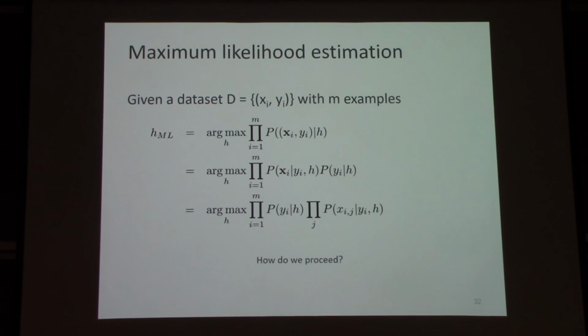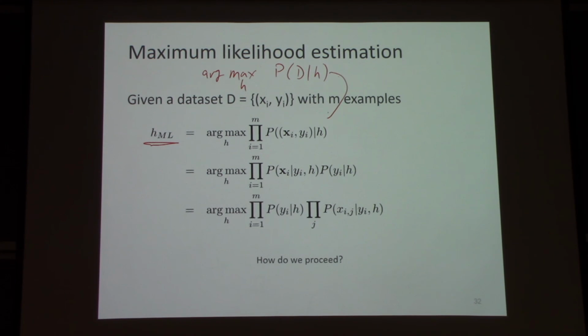And now what? Remember, we wanted to find the maximum likelihood estimate, and this is the definition of maximum likelihood: we want to find the hypothesis that maximizes the likelihood.